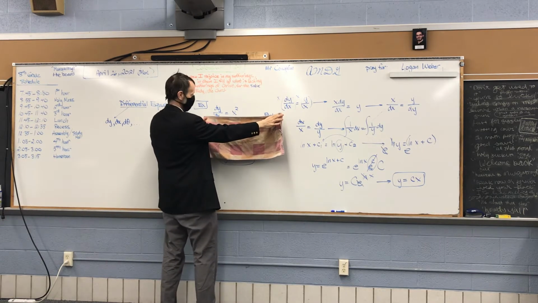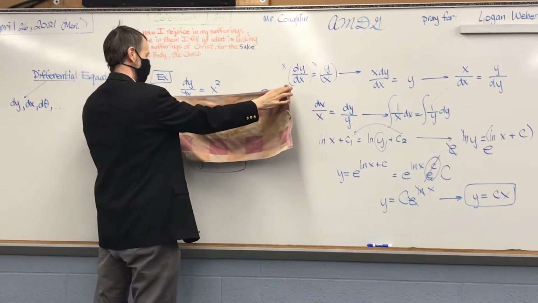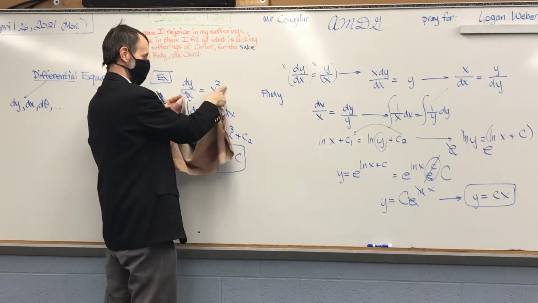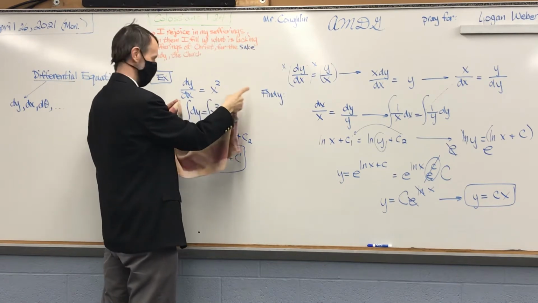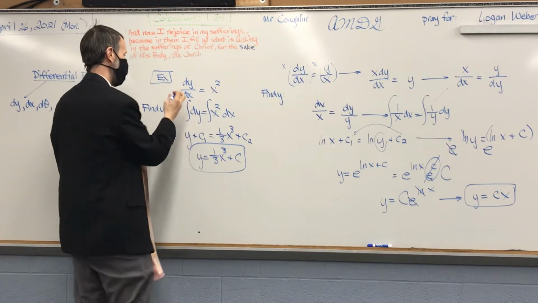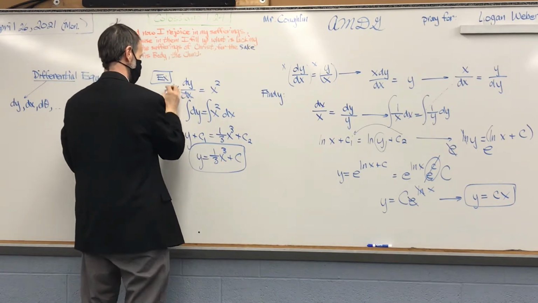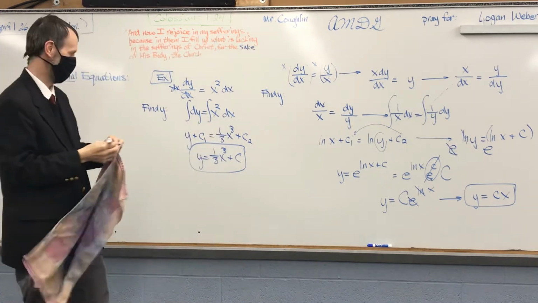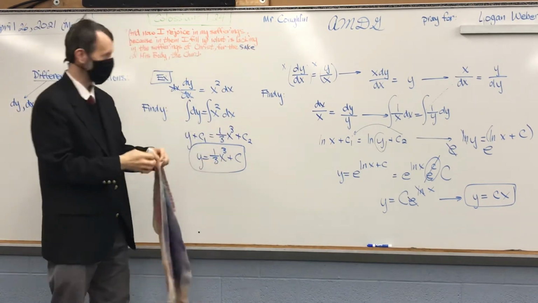The d means a derivative, so I have to take the antiderivative. But I can't take the antiderivative of the right-hand side unless it has a d something, dx, dy, d whatever. So you multiply both sides by dx. The left-hand sides cancel. And now we have something you can take the antiderivative of, and there you go.